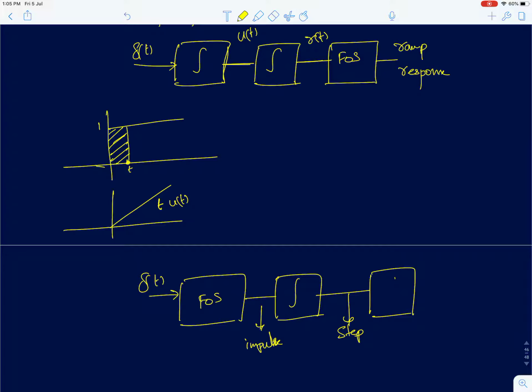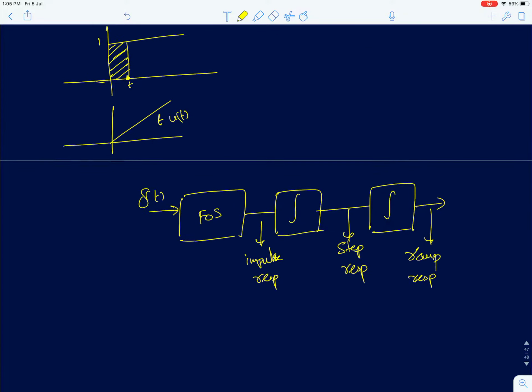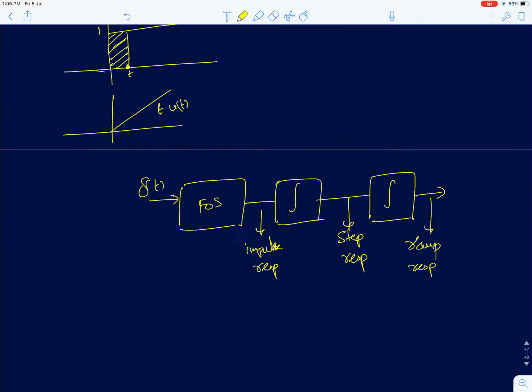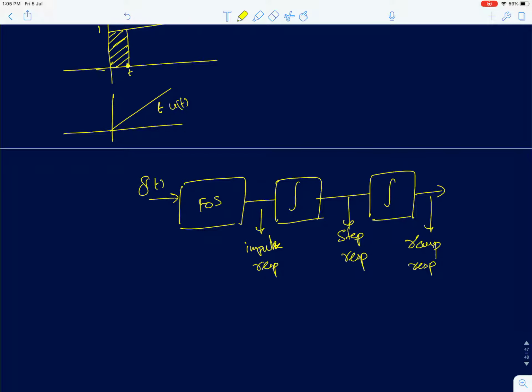And after that, feed it through an integrator, you get your ramp response. Okay. So all you need to do to get the ramp response is you just have to integrate the step response.